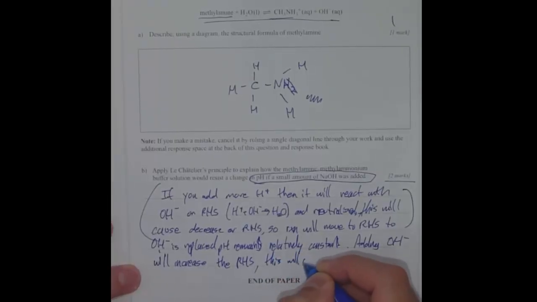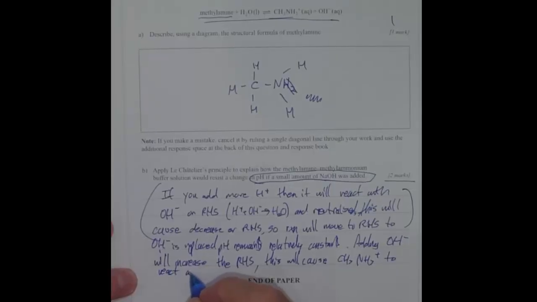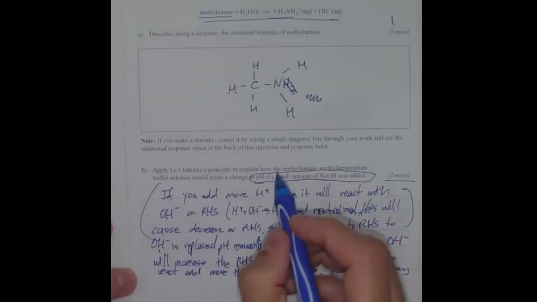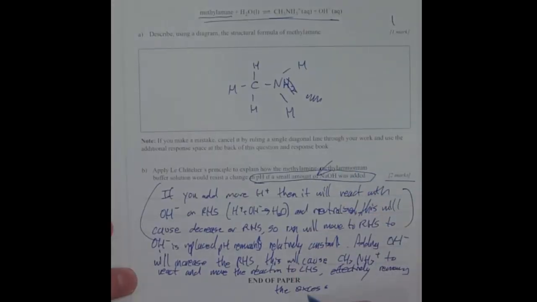This will cause CH3NH3 plus to react and move the reaction to left hand side, effectively removing the excess. That's the question they should have asked. They should have asked for both, so they can test whether students actually understand why it's a buffer. Excess OH minus removed to keep pH relatively constant.